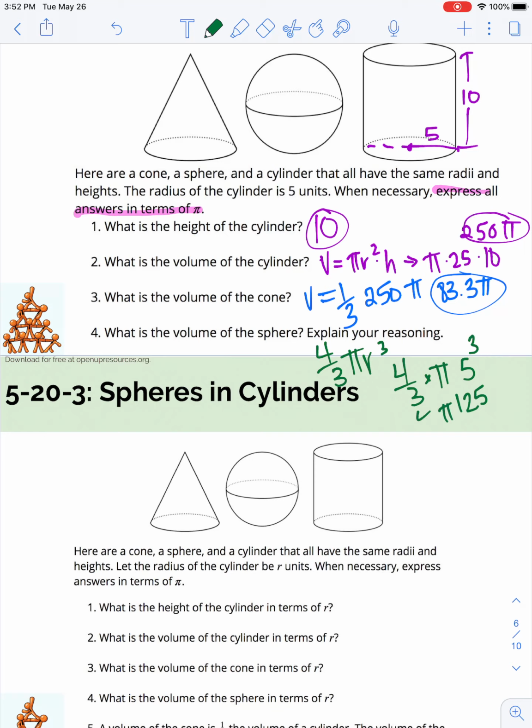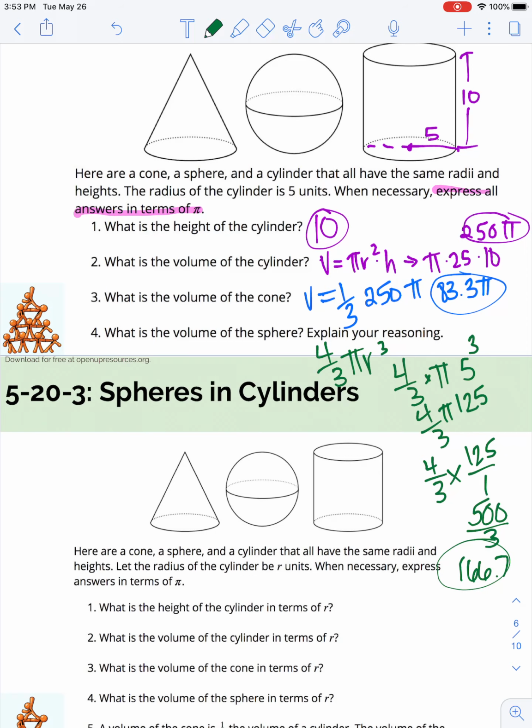And then pi, and then 4/3. So if you just ignore the pi, you're really just doing 4/3 times 125 over 1. So you do 125 times 4. That's 500 over 3. If you leave it this way, that's fine. If you like decimals, that ends up being 166.7.